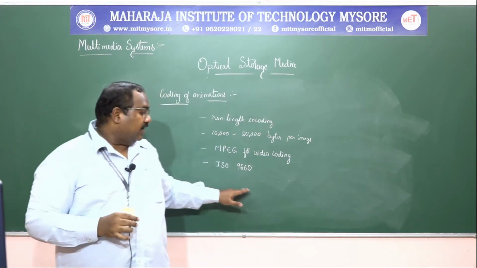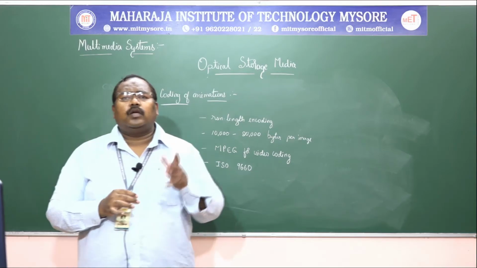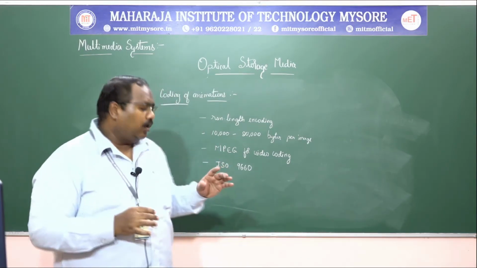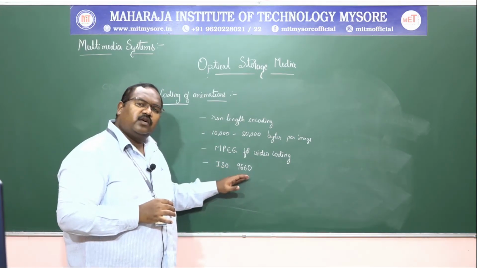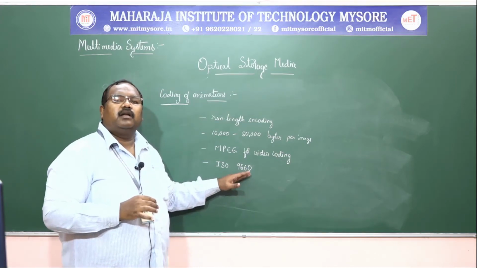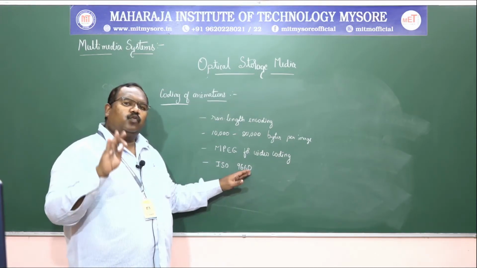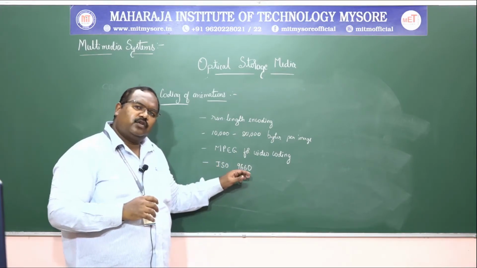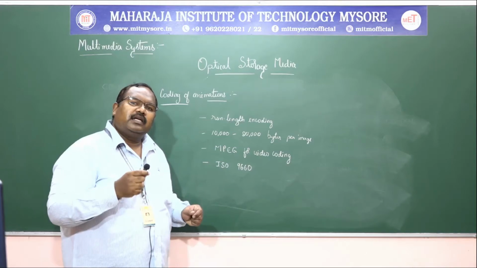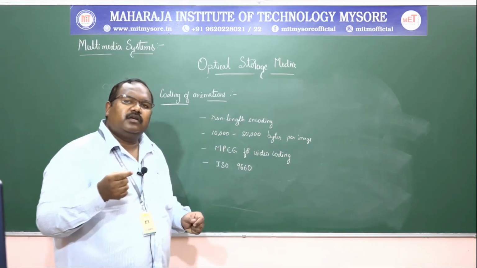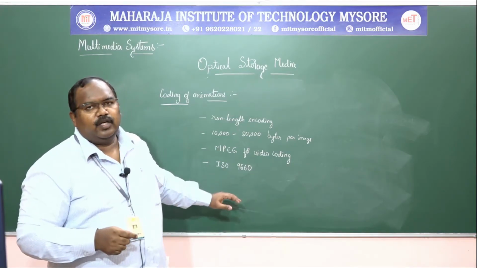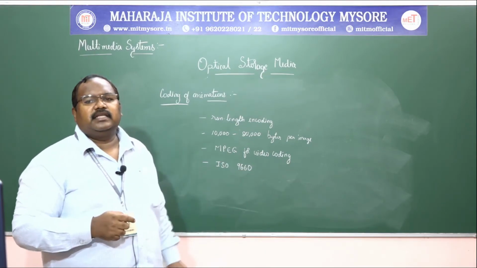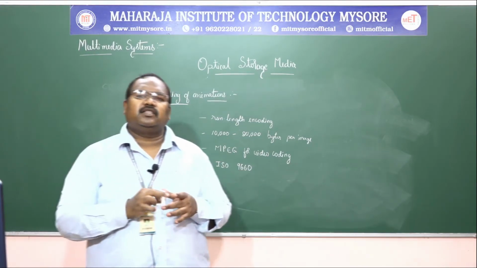So it is using the standard specification. One more thing is, though it has been used with respect to 9660, it is not compatible with all the devices. That is one more drawback when we consider. So the standard is being followed, that is true, but the compatibility with respect to devices has not been completely achieved.